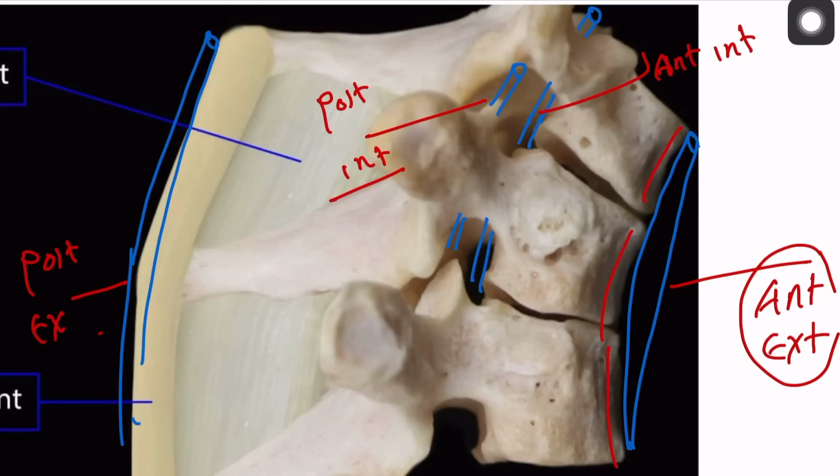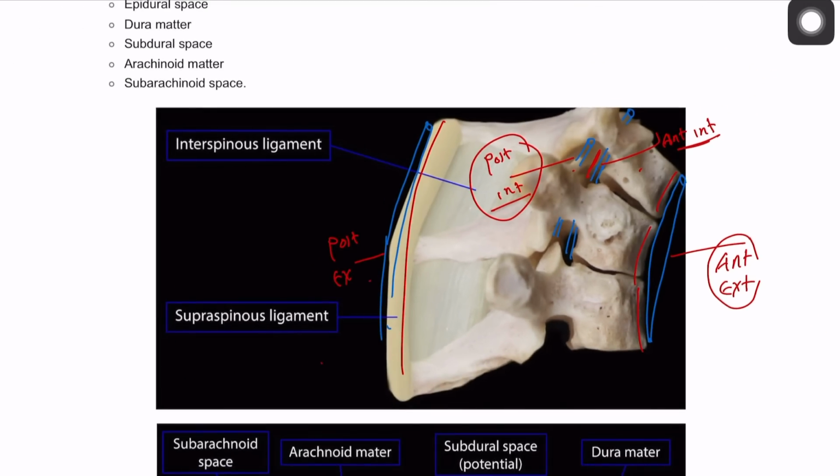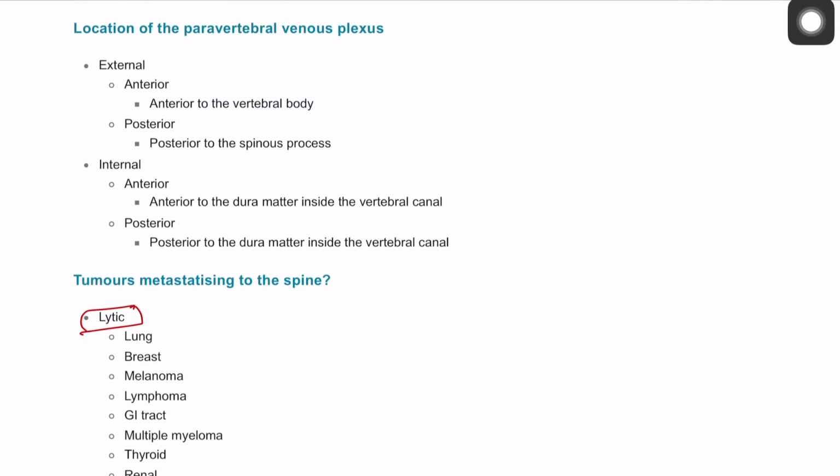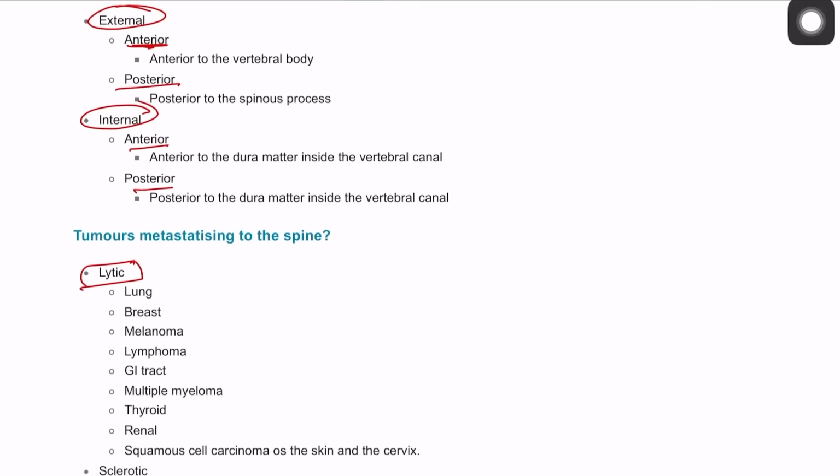Posterior external is usually on the spinous process. Anterior internal is between the dura mater and the body, anterior to the dura mater, and posterior internal is posterior to the dura mater. So this is how to remember them quite easily: external and internal, and both are anterior and posterior, and these are the locations for all of them.